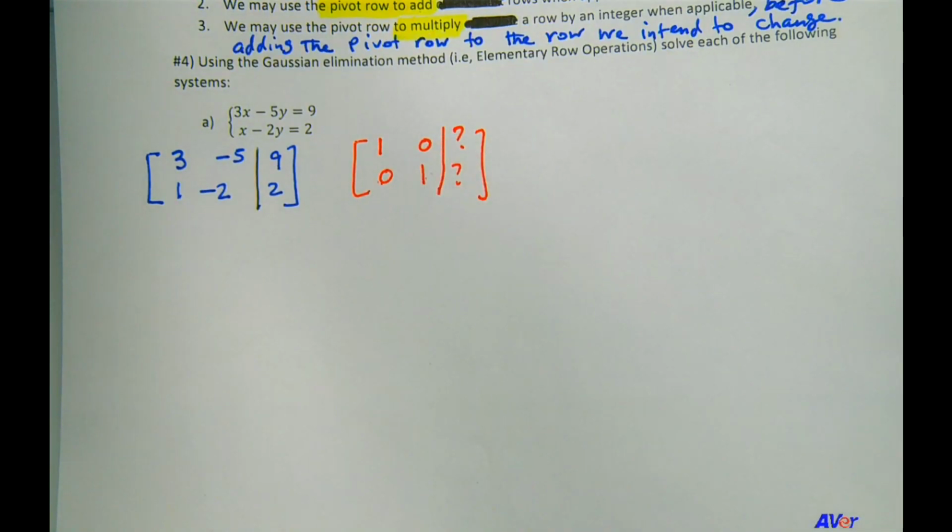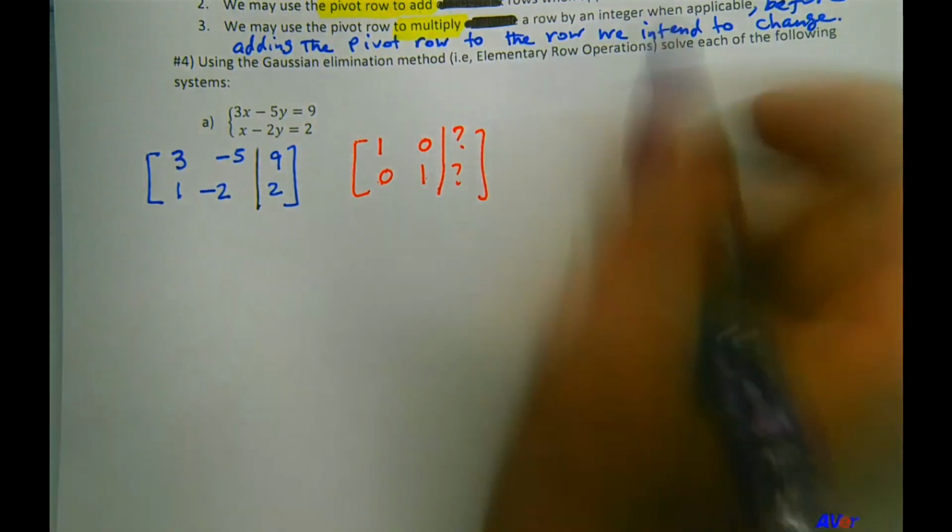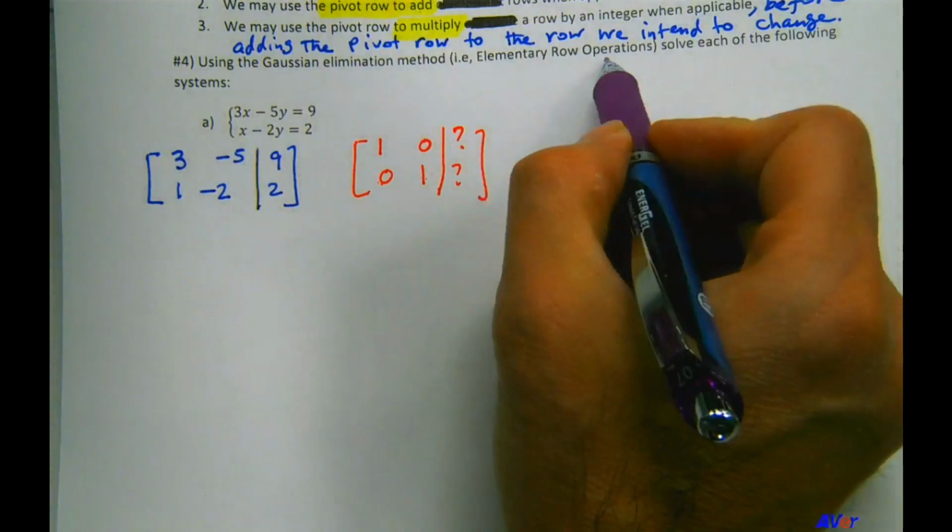Okay? So, one of the greatest misnomers in mathematics is that this method is called the row operations.